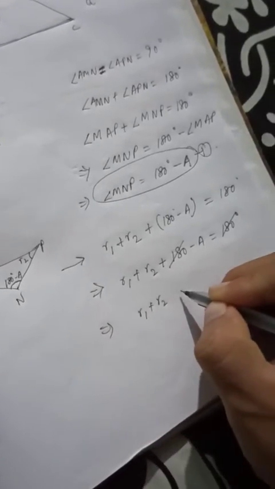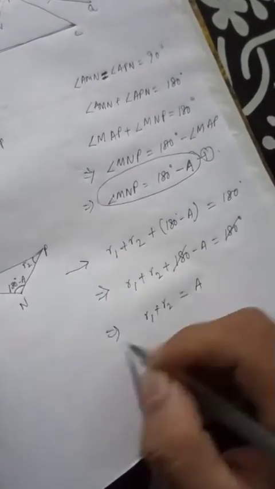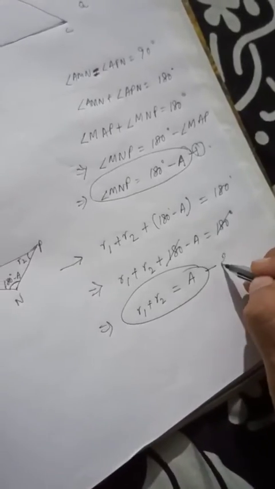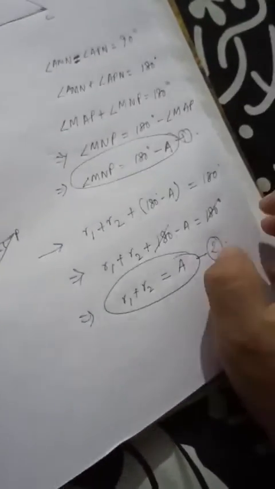This 180 and 180 will cancel out. So we get R1 plus R2 is equal to A. So this is the second expression that we get. If we are asked what is the angle of the prism, then it is the sum of R1 plus R2.